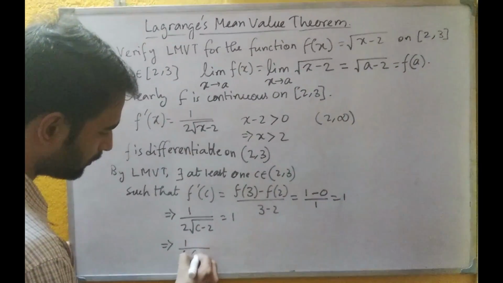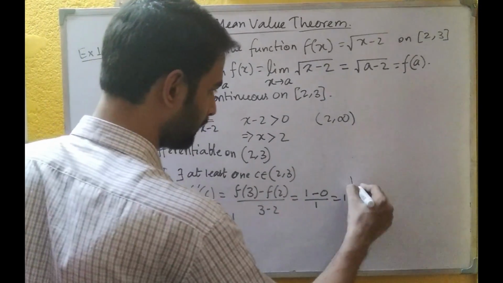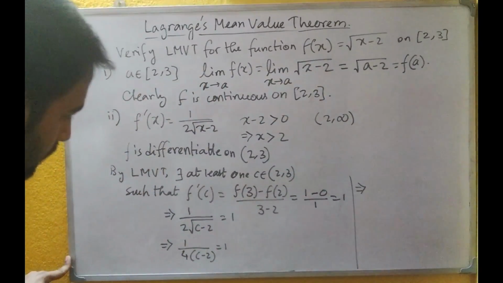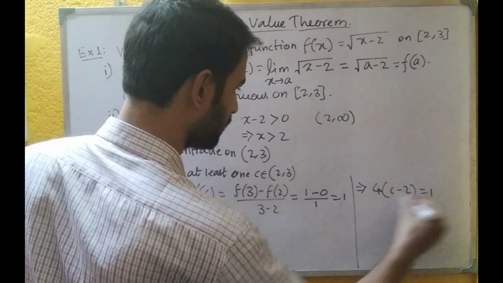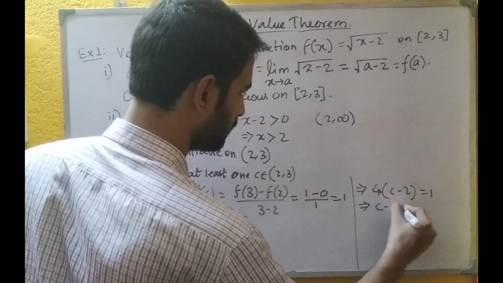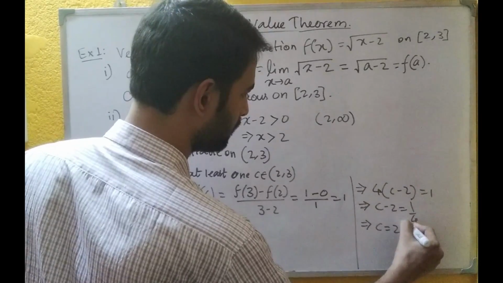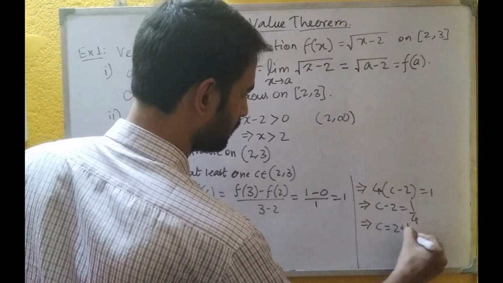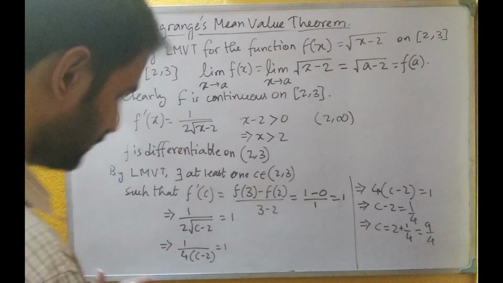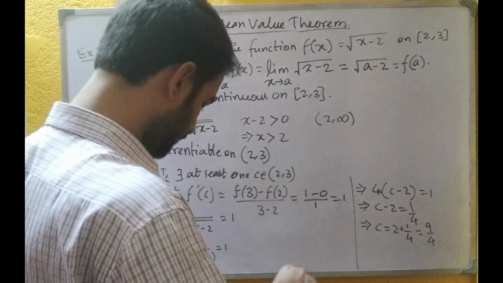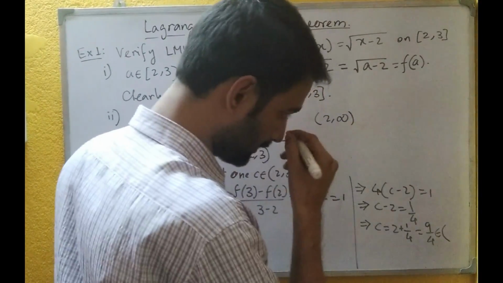Solving, we get this, then finally we get something like this: 9 by 4. And you can easily verify that 9 by 4 is something like 2 point something.